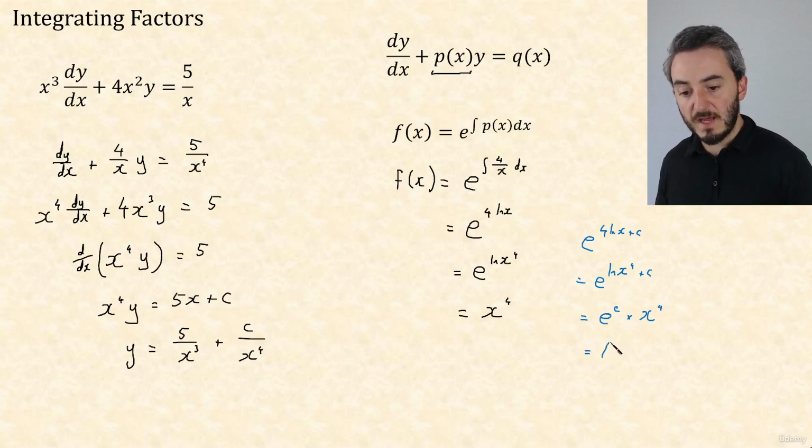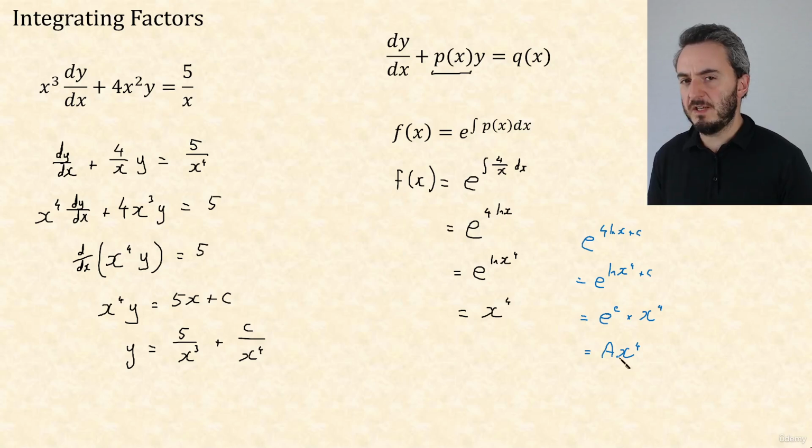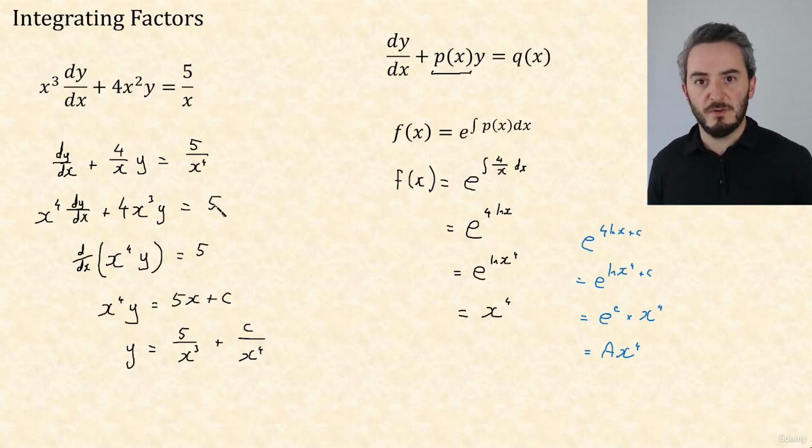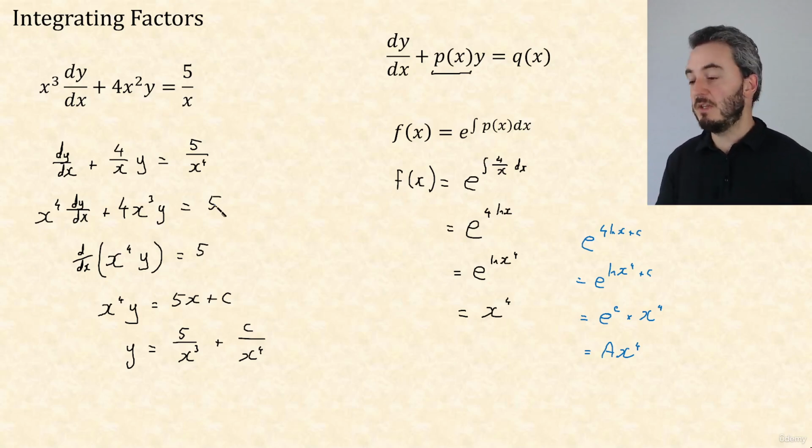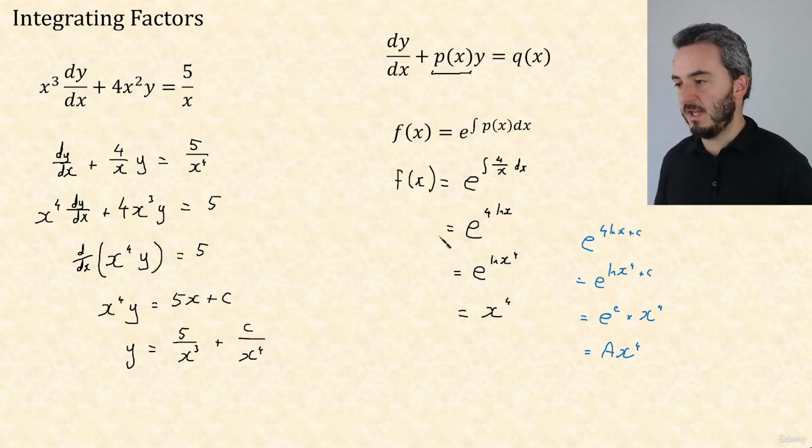So that's just a times x to the 4. So your integrating factor there just becomes a times x to the 4. But since you're multiplying through by that, you would have just had a times the stuff here, a times the stuff here, and a times the stuff here, and you just divide through by a. So if you added it in, it would just cancel out anyway. So there's no need for that plus c in the integrating factor stage.